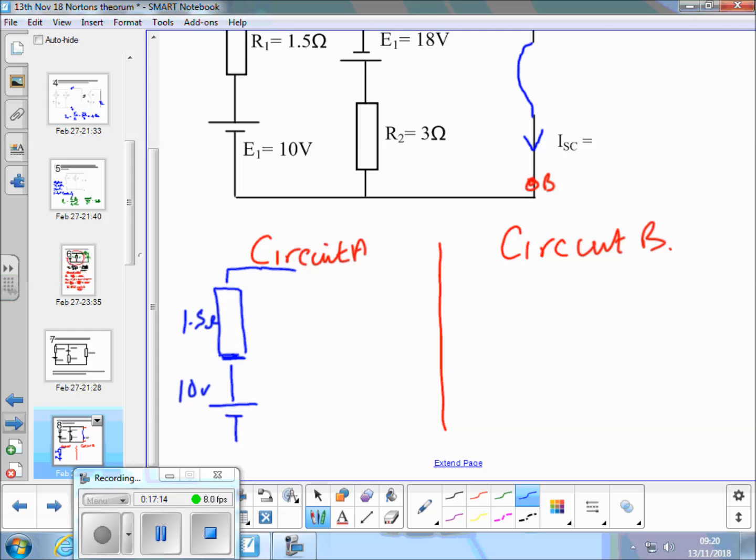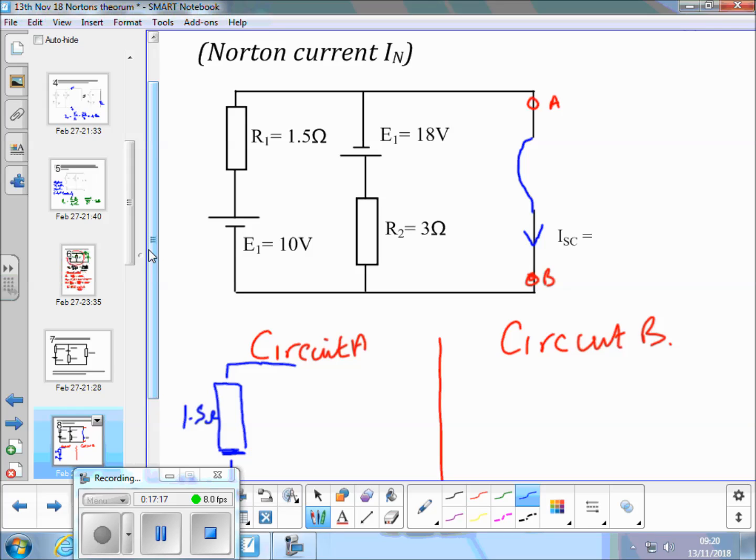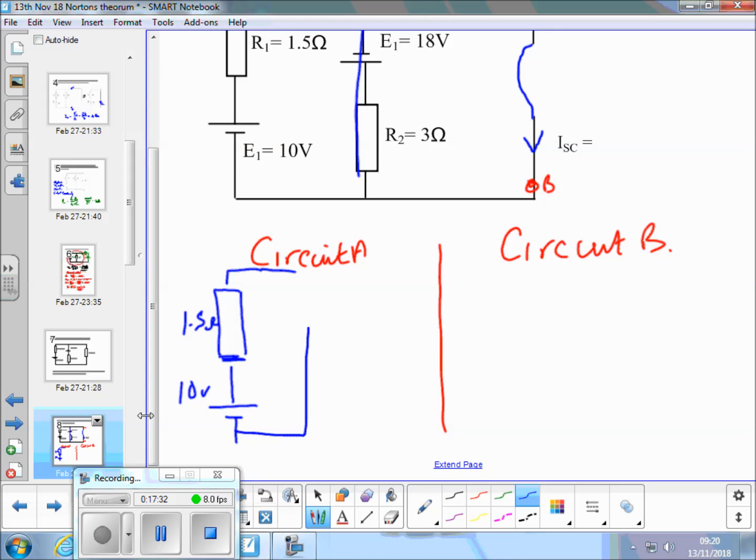Now if we look at that in isolation, this branch down the middle here is completely short-circuited for circuit A. Because we're replacing that E2 voltage source, another typo, with a short circuit anyway, therefore this branch is short circuited and there's IA.